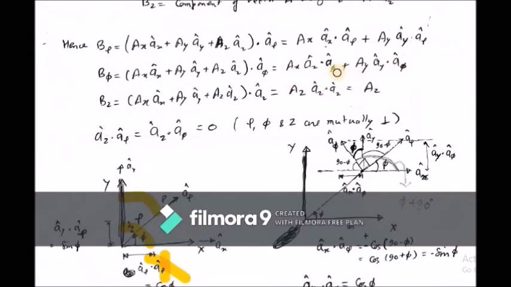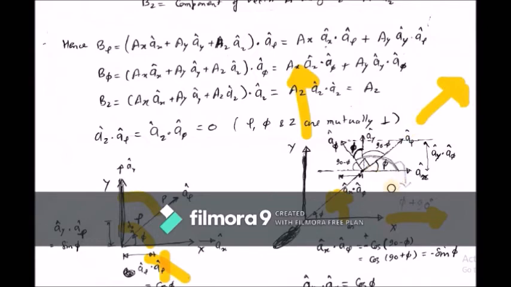To find this relation, I have drawn the figure here for a phi, considering the angle phi also. This was your x direction, this was your y direction, this is your a rho direction, and you know this angle phi is in the anti-clockwise direction like here.